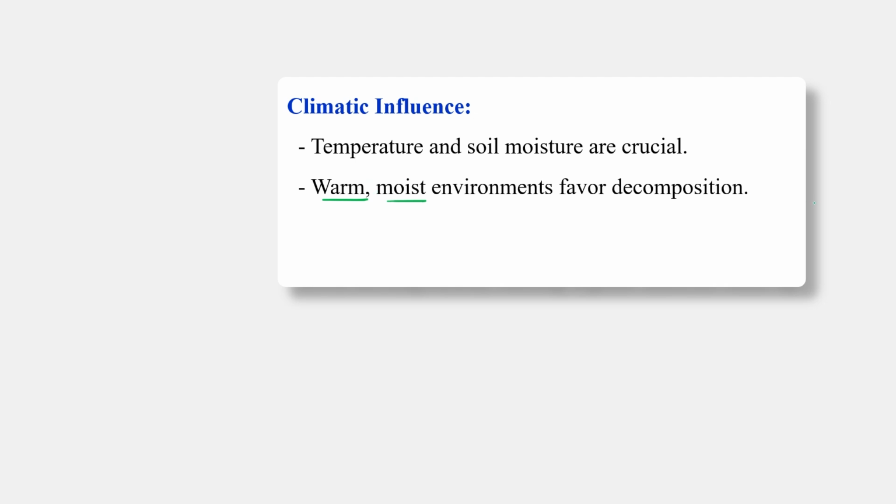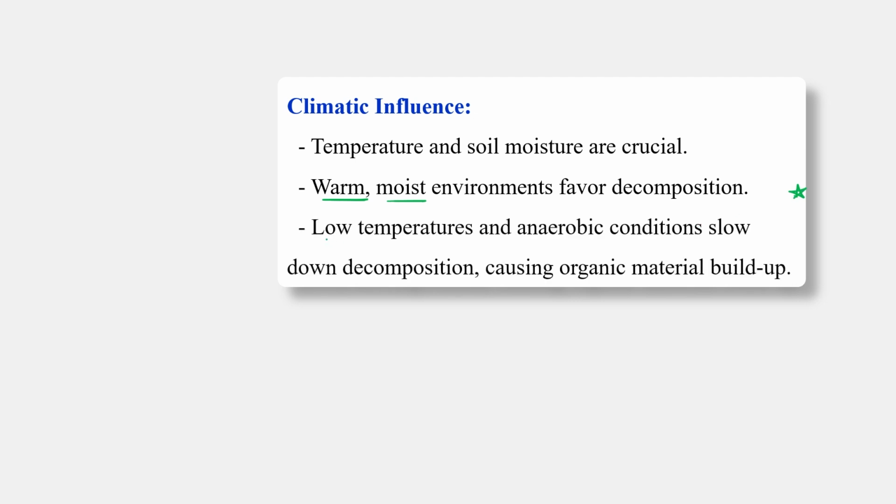That's why a warm and moist environment favors decomposition. If the temperature is low and conditions are anaerobic, meaning oxygen is not present up to the mark, then this slows down the decomposition process, causing organic material to build up in that particular area. So these are the factors that mainly influence decomposition.